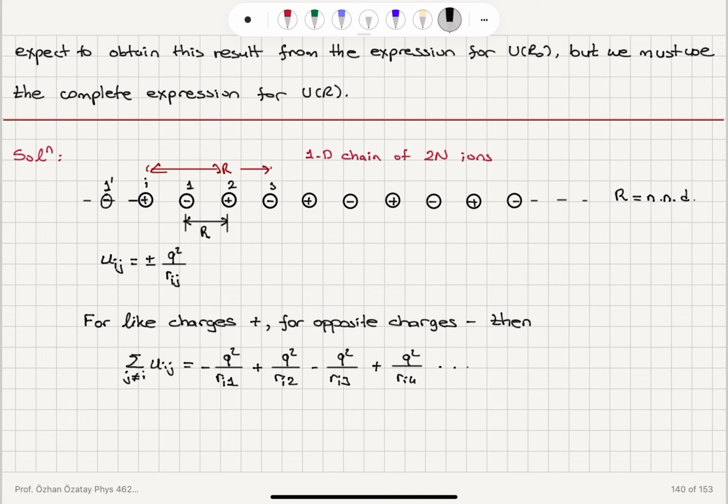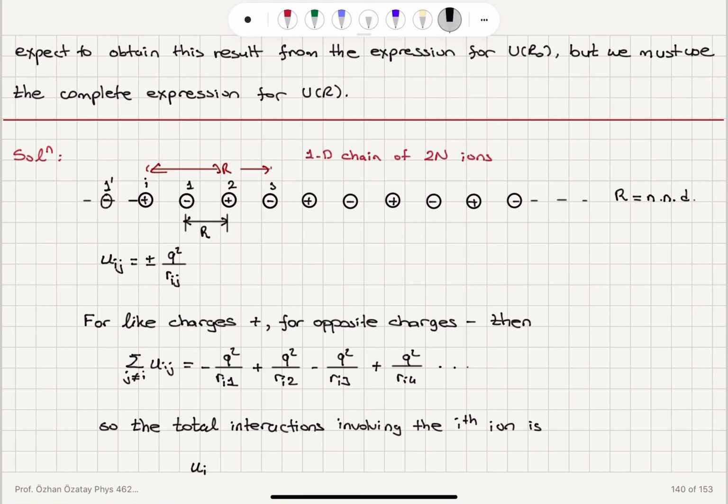Okay, if I write the total interactions involving the ith ion, it is going to include this pair potential.